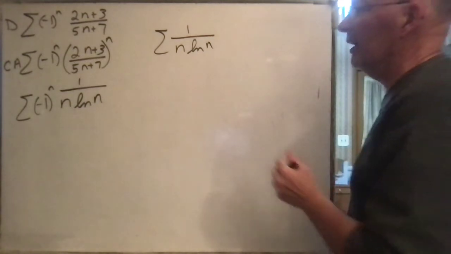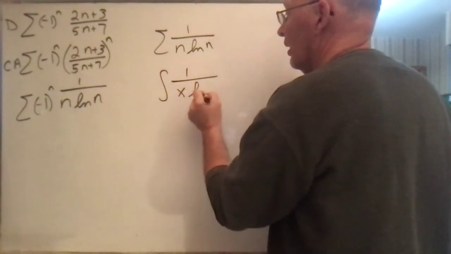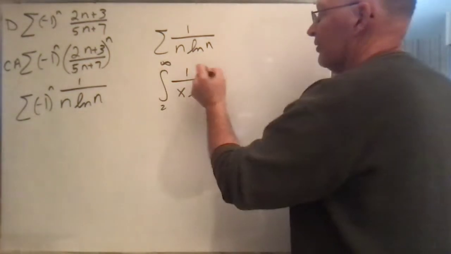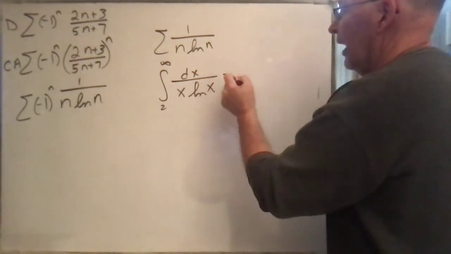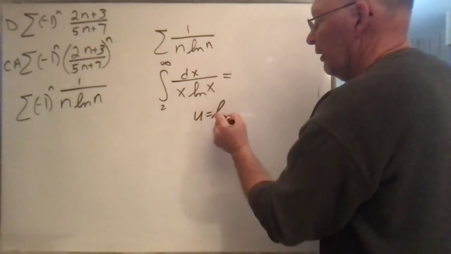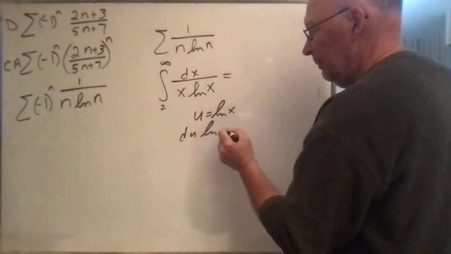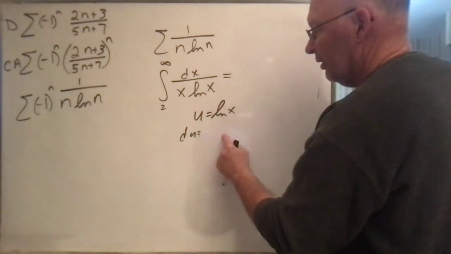I look at that one and I say, oh, that looks kind of like this situation. Let's say the integral from 2 to infinity of dx over x ln x. You can let u be equal to the ln of x, du is equal to 1 over x dx.